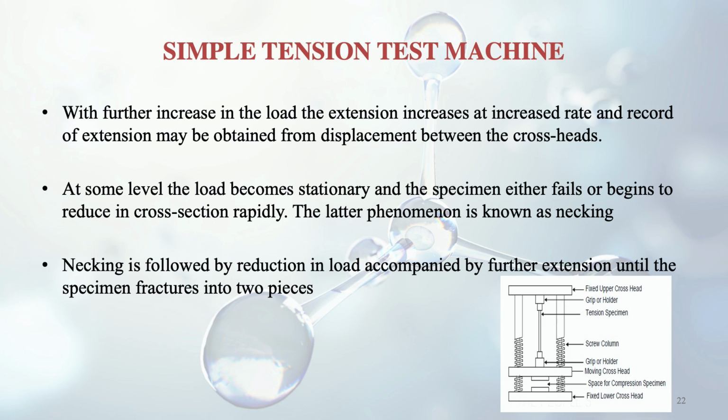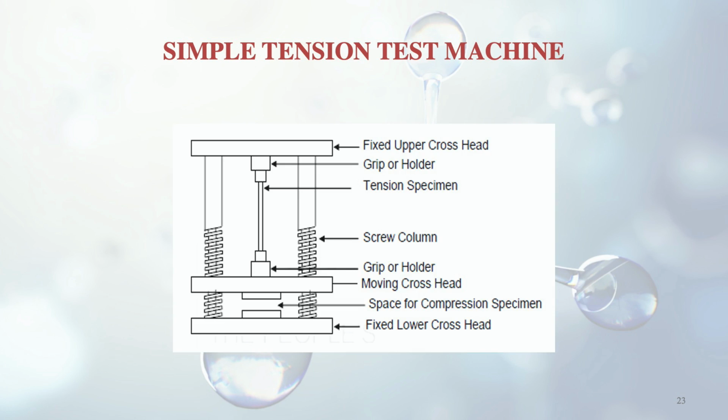At some level, the load becomes stationary and the specimen either fails or begins to reduce in cross section rapidly. This phenomenon is known as necking. Necking is followed by reduction in load accompanied by further extension until the specimen fractures into two pieces.